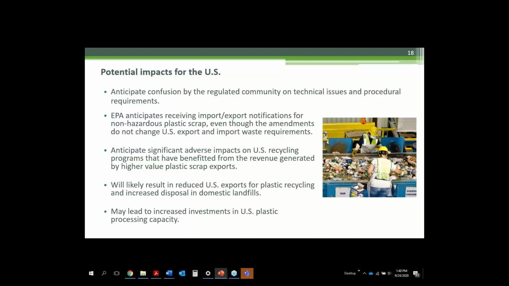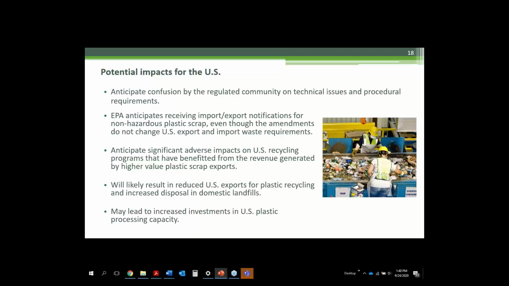So I think there's going to be a significant effect on US recycling programs. As some of you know, China paid really pretty well for plastic scrap, and that was a real benefit, a real good revenue source for some US recycling programs. Some of the other Asian countries don't pay quite as well as China, but still pay relatively well.